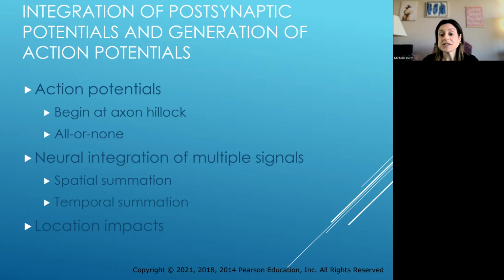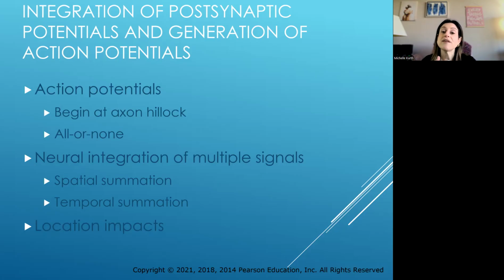Then you have temporal summation, and this happens when signals from the same place arrive one after another in quick succession. So imagine one friend saying, go, go, go really, really fast. That repetition is also making that signal stronger. And location does matter, okay?